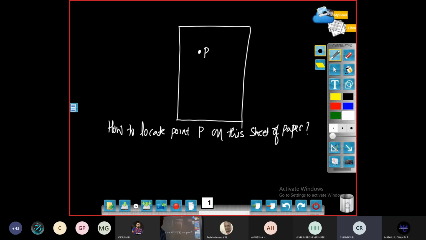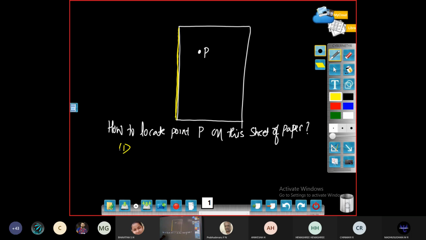Sir, we have to measure from the bottom and from the side, up to point P. We have to measure vertically and horizontally. So now you can take this is the left edge. We need to find the distance of the point.